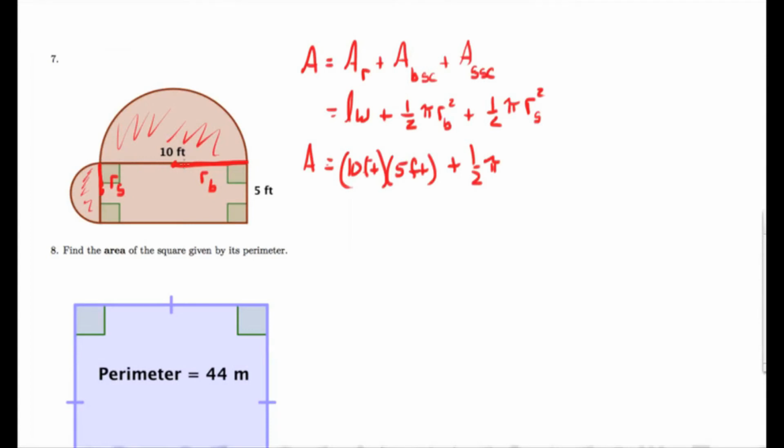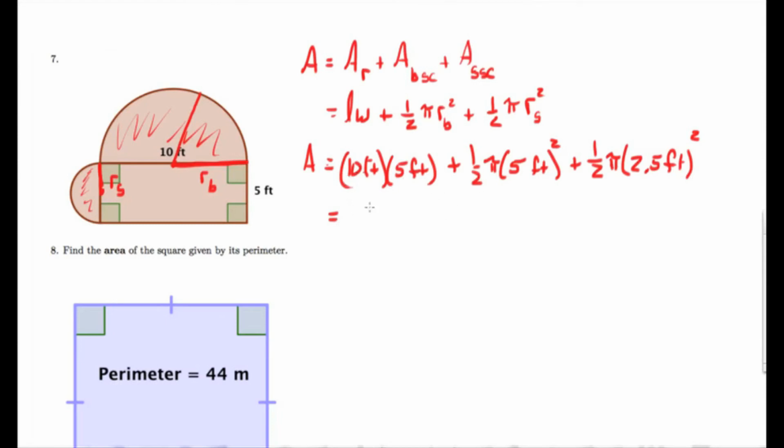So if the length of the rectangle is 10, the radius would be half of that, so that would be 5 feet squared, 1/2 pi times, in this case, the width of the rectangle would be the diameter of the small semicircle, and so the radius would be half of that, so that would be 2.5 feet squared.